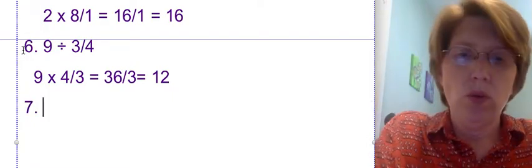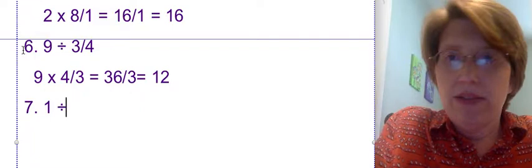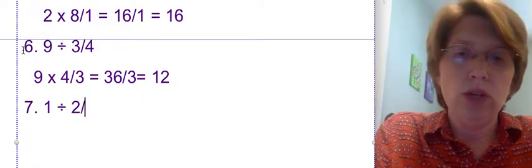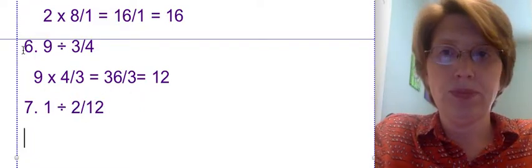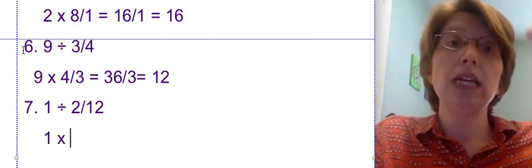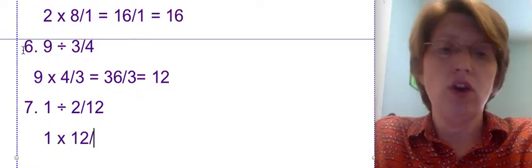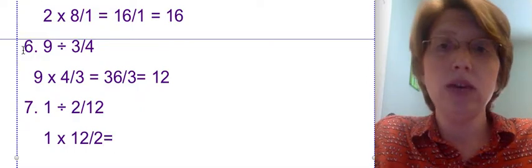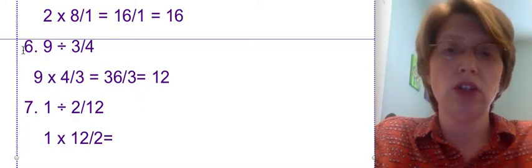7. 1 divided by 2/12. Rewrite it. 1 times flip, 12 over 2 equals, multiply straight across.